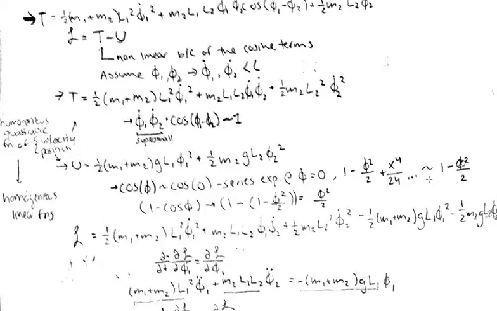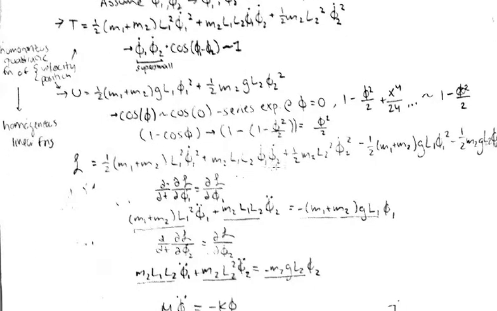But you can assume that any term with phi more than squared is negligible, so you can just reduce it to 1 minus phi squared over 2. So substituting that into the potential for cosine of phi, you'll just get phi squared over 2. So that's how the potential is reduced.